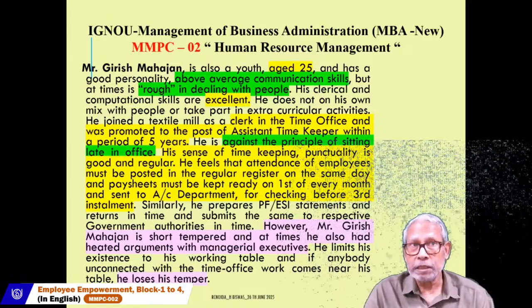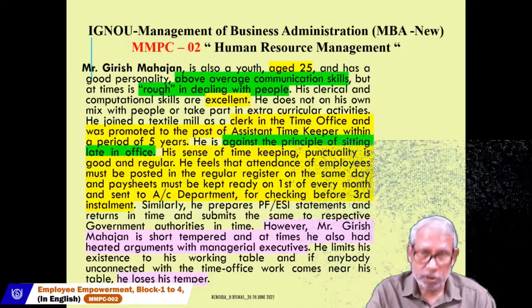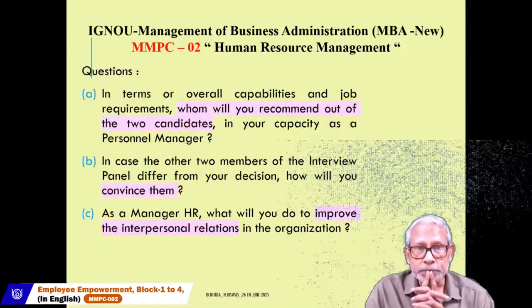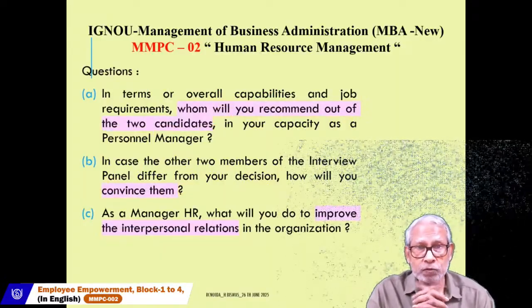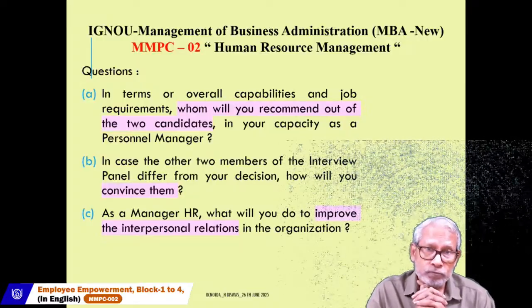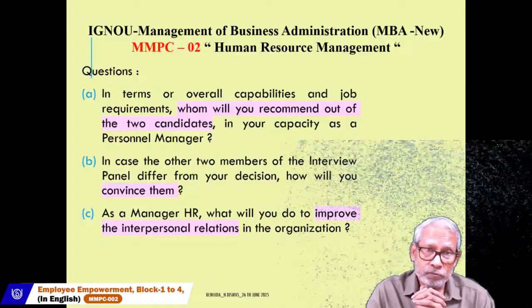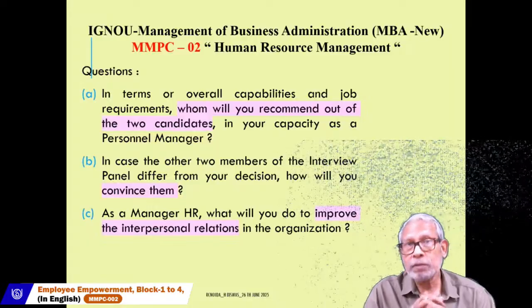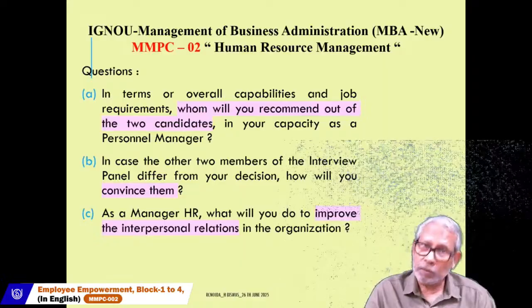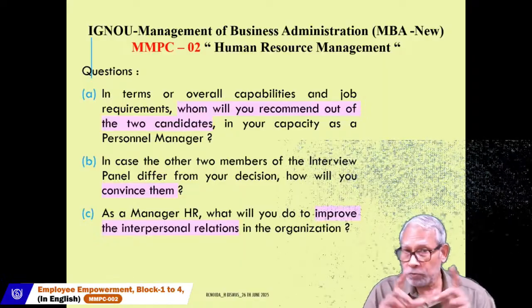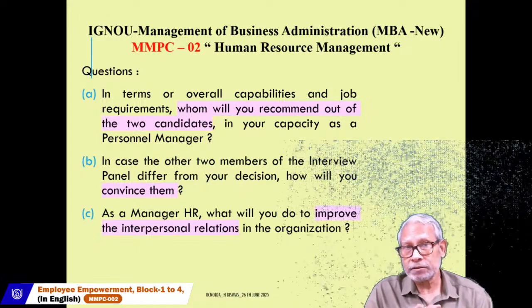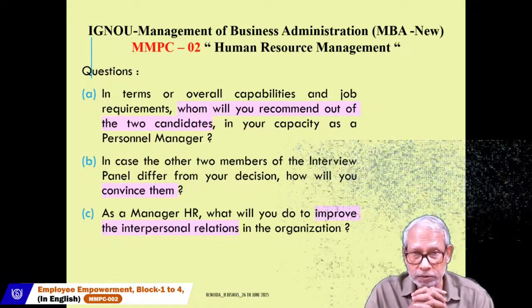Now you see, the story is almost finished. The first question: whom do you recommend out of the two candidates? You are now a personal manager. It's very difficult, as both have some merits. You have to evaluate percentage-wise.